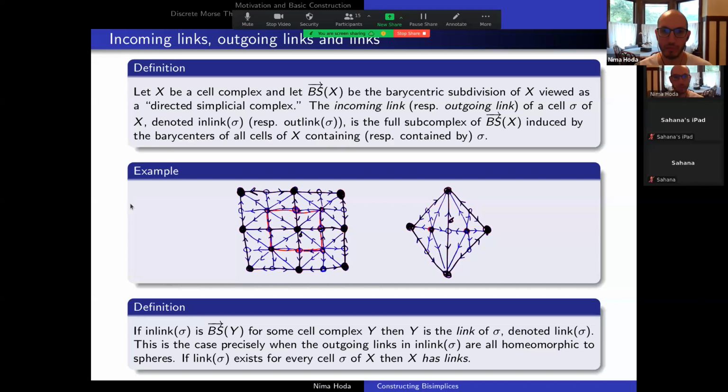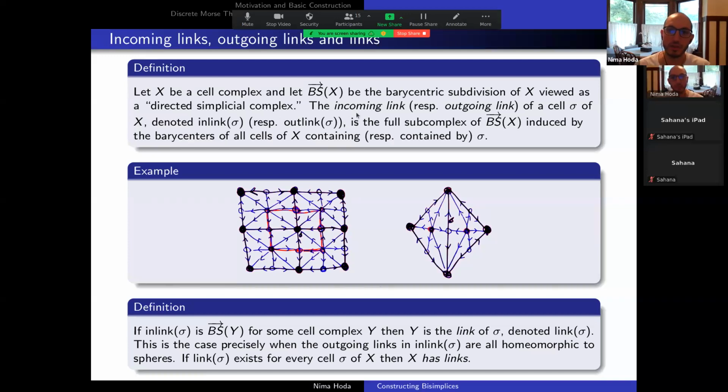Here are 2 examples. Example on the left, our initial complex is just the 2x2 grid of squares. And after taking the directed barycentric subdivision, this is what we get. Example on the right is 2 squares that are glued together along a path of length 2 in their boundaries. This is the barycentric subdivision.